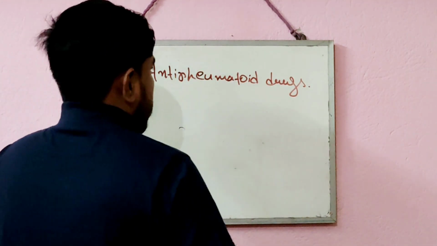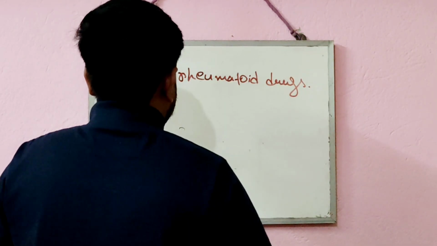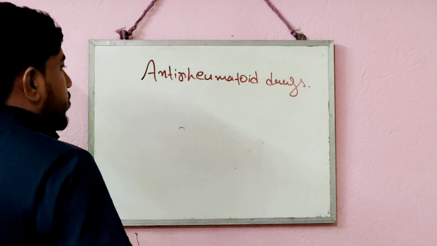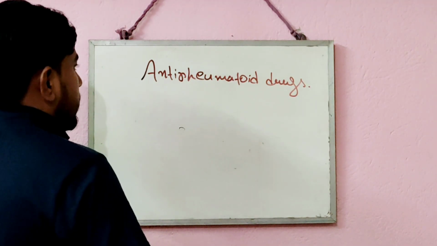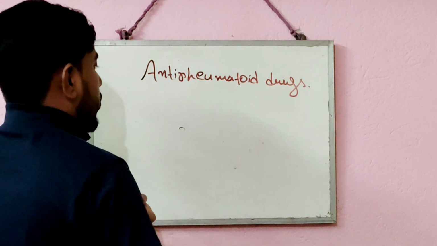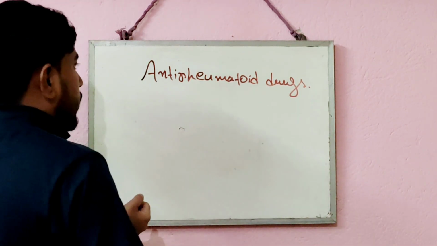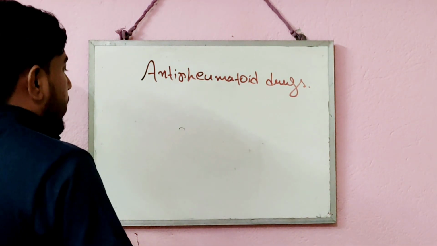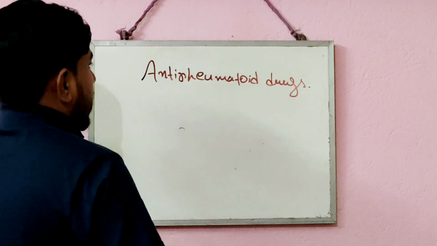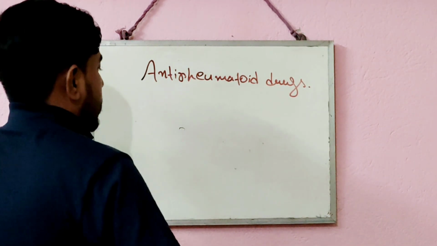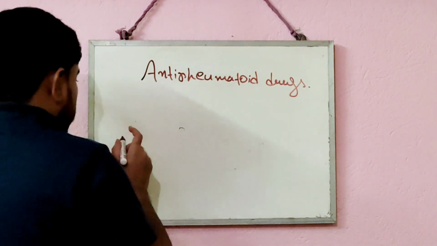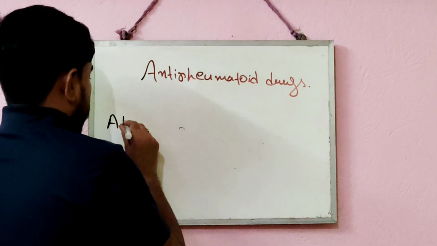To treat arthritis, we use a class of drugs that in medical or pharmacy terms is classified as anti-rheumatoid drugs. So first we have to discuss what arthritis is and why we should take anti-rheumatoid drugs to treat this disease.